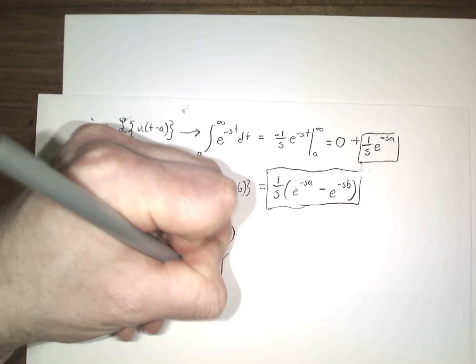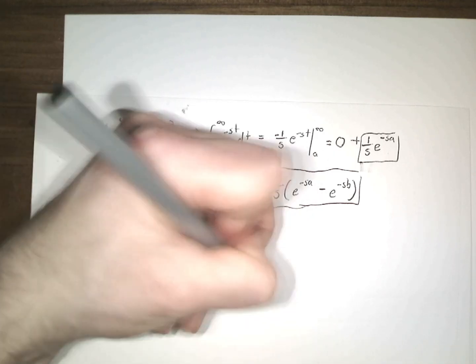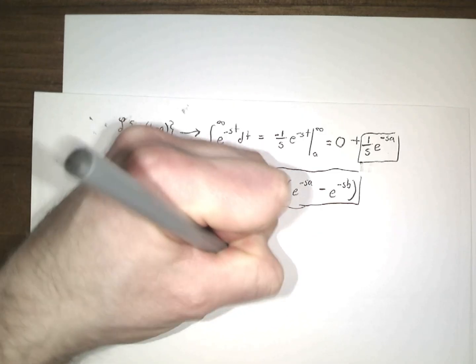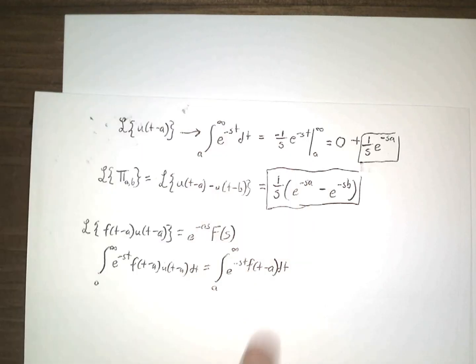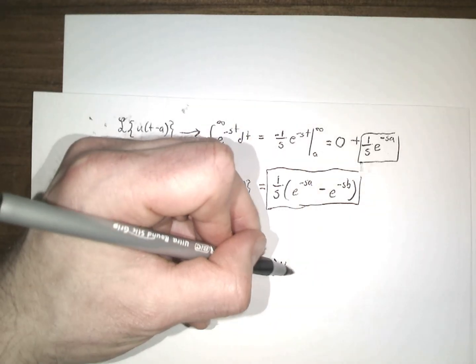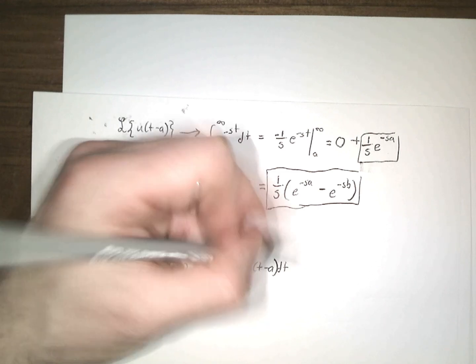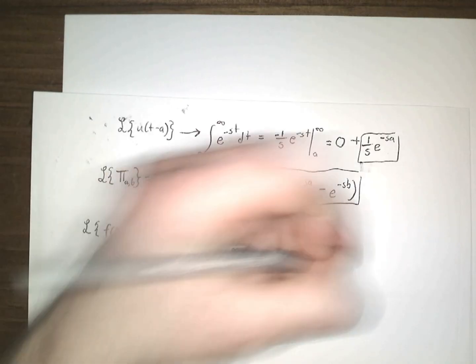Well, again, that's really only defined on the values from a to infinity. So we're looking at the shifted function. We make a substitution that v is equal to t minus a.